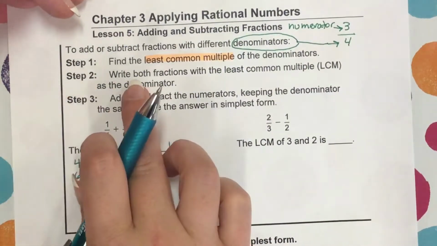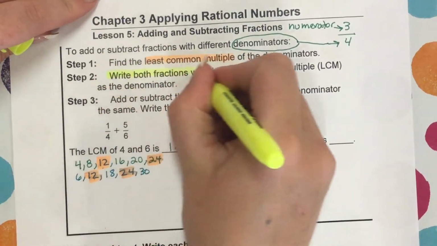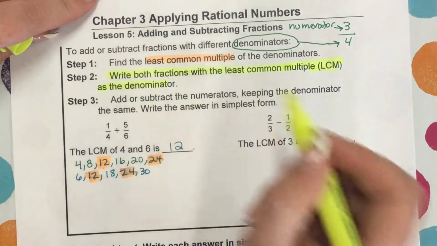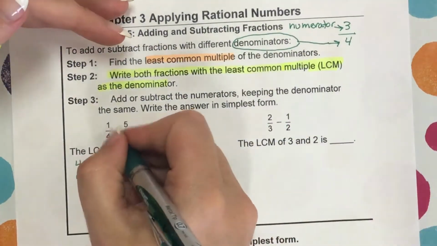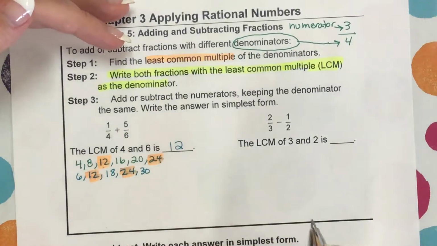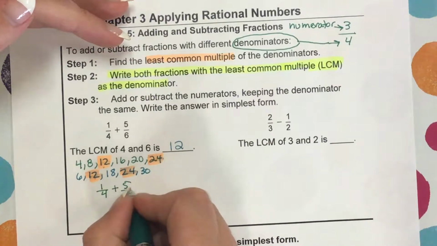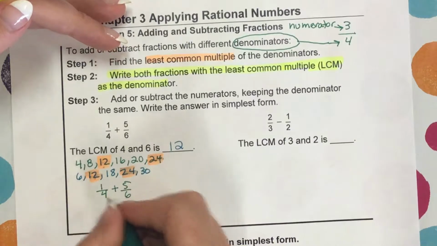Step 2, write both fractions with the least common multiple, LCM, as the denominator. So that's what we need to do now. We have 1/4 plus 5/6. And we need to make this 4 into a 12. So how do we make this 4 into 12?